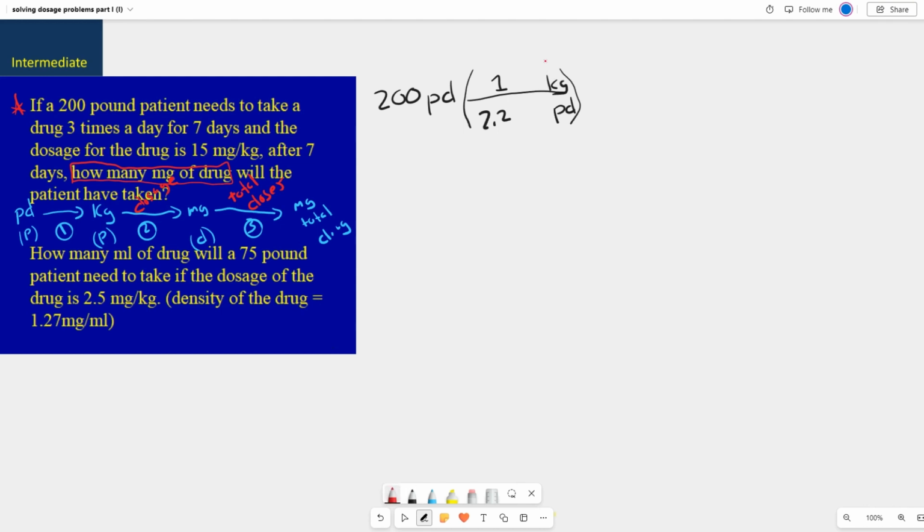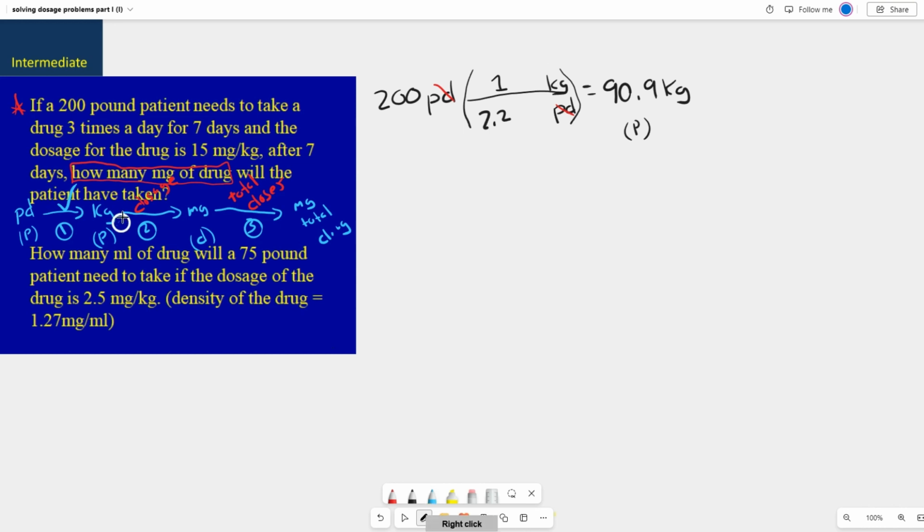Pounds and pounds cancel out. When we take 200 times 1 divided by 2.2, we get 90.9 kilograms. That is the person's mass, and that is step 1 complete.